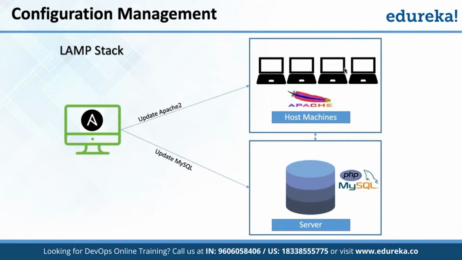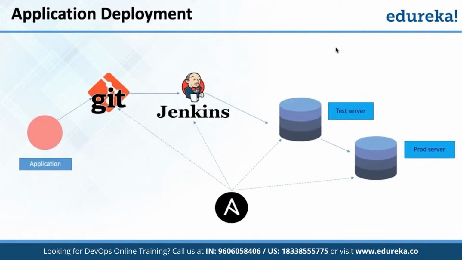Now guys, another same example explained here. If you want to apply some updates on one set of servers, another set of servers, as I informed you guys, using inventory we can do this. In the inventory we group our servers or define the list where you want the application to be applied, and that way we can do that. So guys, here in this diagram you see a typical DevOps pipeline or lifecycle explained, where a developer writes code, the code is fed to a version control system like Git, then using Jenkins the code is compiled into packages, then finally deployed to a test server, and then deployed to a prod server.